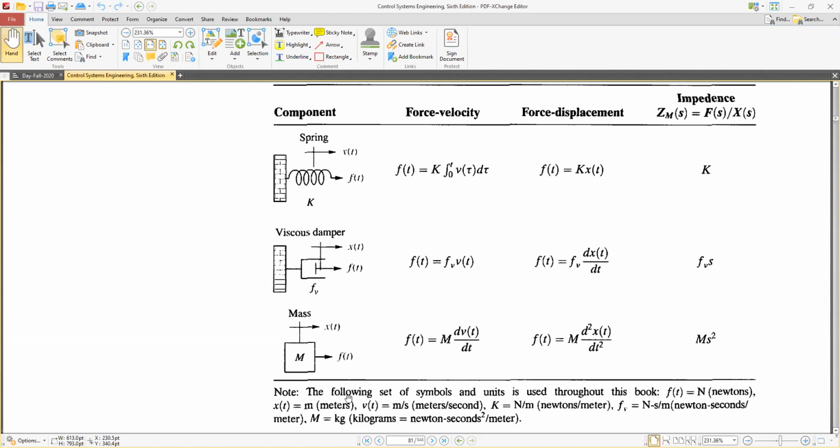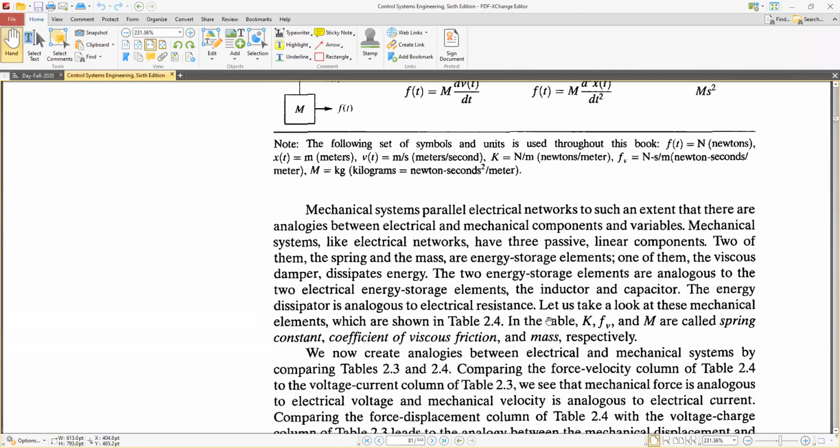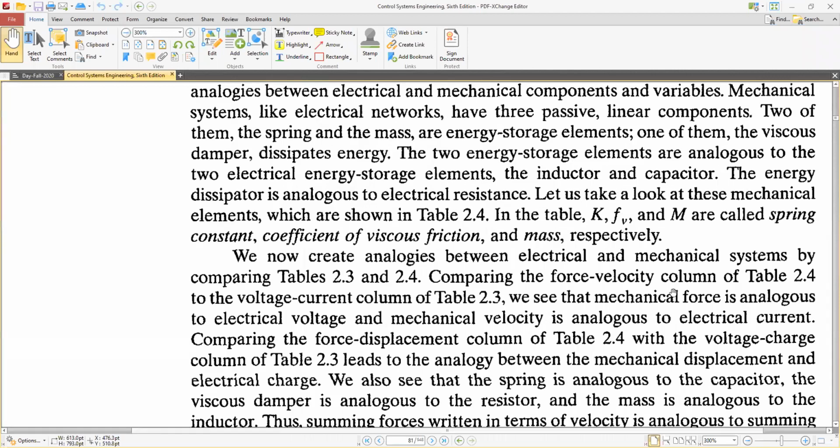These are the symbols and units we use throughout this semester. You will understand this when you do the math. Actually, control systems is basically a mathematical course, so lots of maths are there.